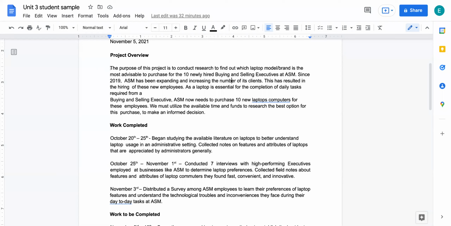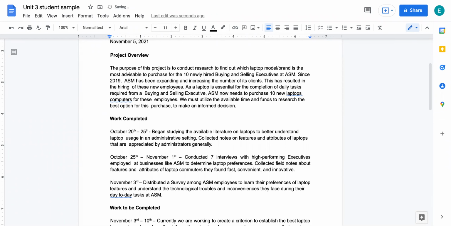Basically, the project overview can be just one paragraph. Actually, when I converted this, it messed up a little bit of the person's formatting. But basically, you only need one paragraph to give a project overview.